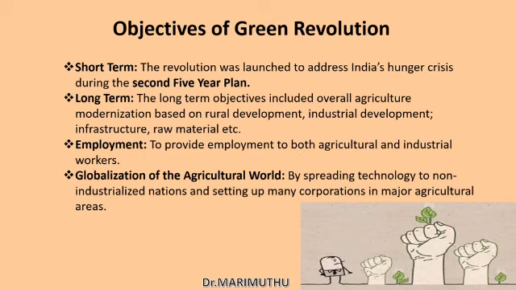We need agriculture protection and productivity with the help of this Green Revolution. Third one is employment, to provide employment to both agriculture and industrial workers. Production and productivity must be increased. And last one is globalization of agriculture work by spreading technology to non-industrialized nations and setting up many corporations of the major agriculture areas. These are the objectives of the Green Revolution.